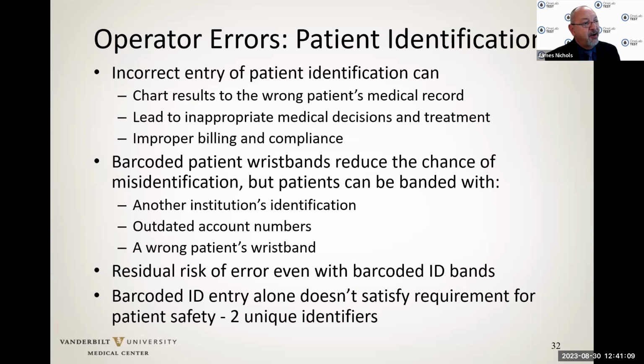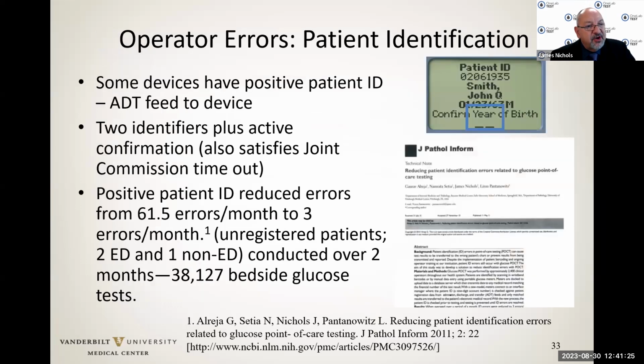On an outpatient setting, we don't have barcodes. So how is that information being put into the device? So I mentioned there is a residual risk of error even with barcoded ID bands. Fortunately, manufacturers now have what's called positive patient ID.